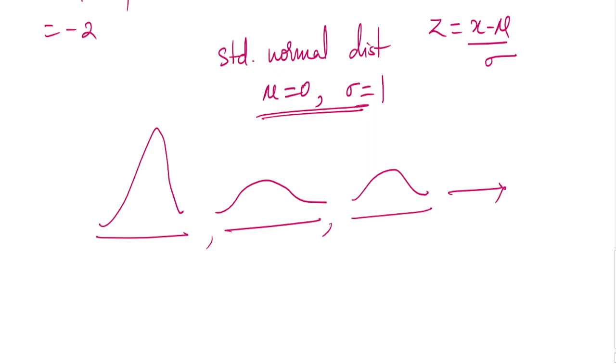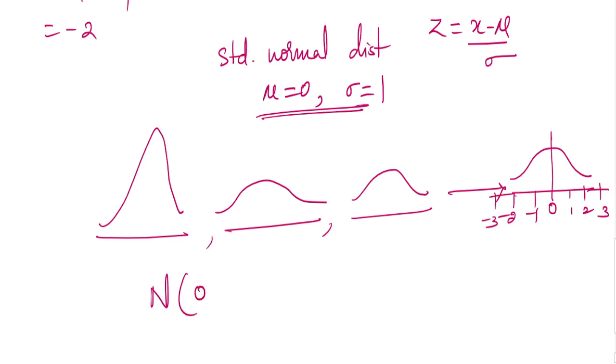Whatever may be the type of the distribution, it will be converted to the standard normal variate, which starts from mu equal to 0 with standard deviation 1.